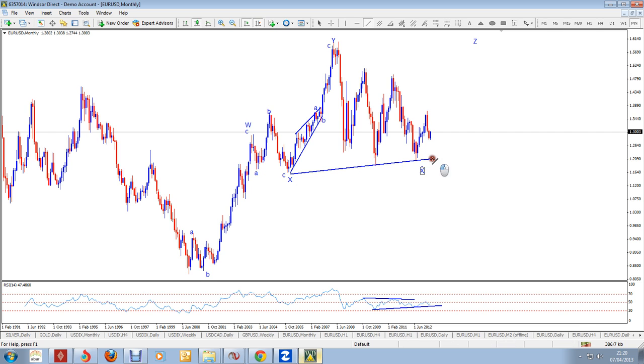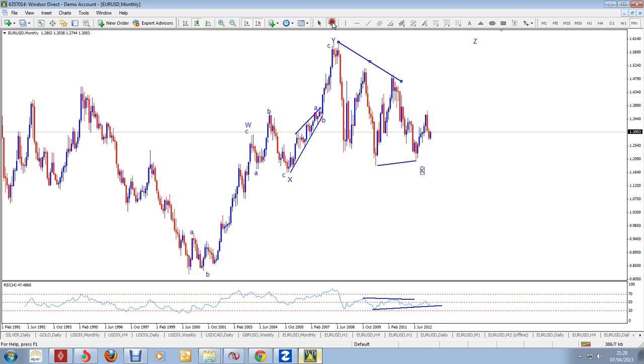Some are drawing it from here, some are drawing this one like that, and they may all be very valid, but the way I'm going to draw this one basically is like this, like that.